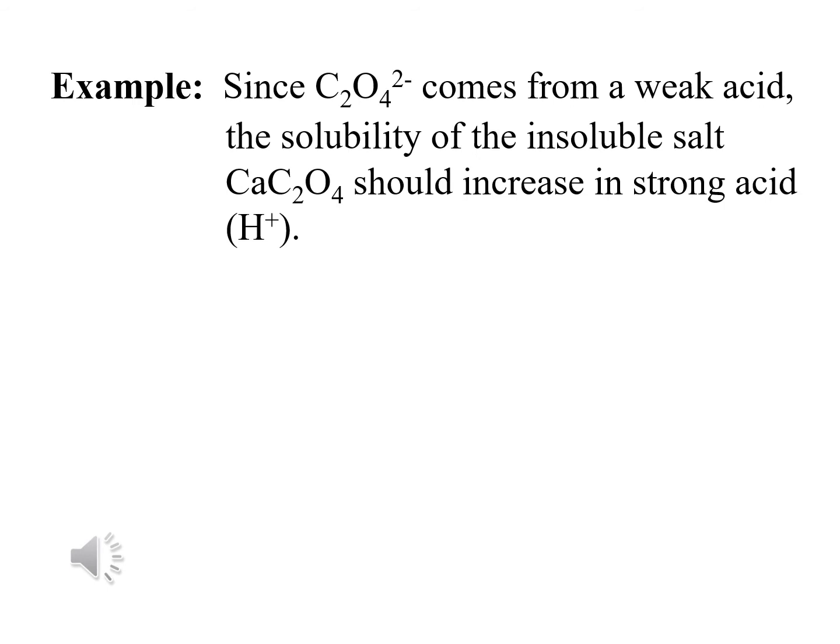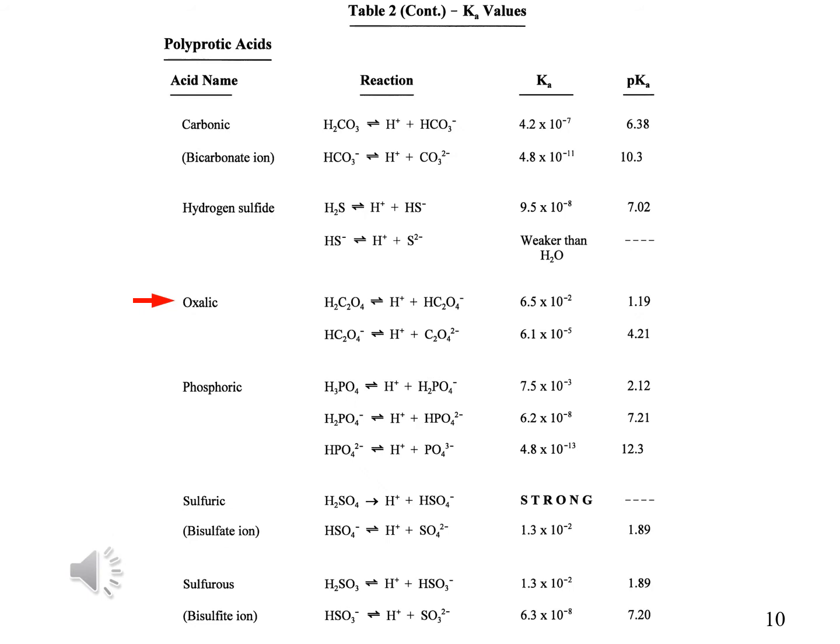Here's an example that I did from the lab. I tried to dissolve calcium oxalate by adding a strong acid to the solution, and you would expect that to work because oxalate really is a weak base. You can see that it's a weak base because it's on the right of the arrows in the second step for oxalic acid in the Ka table.